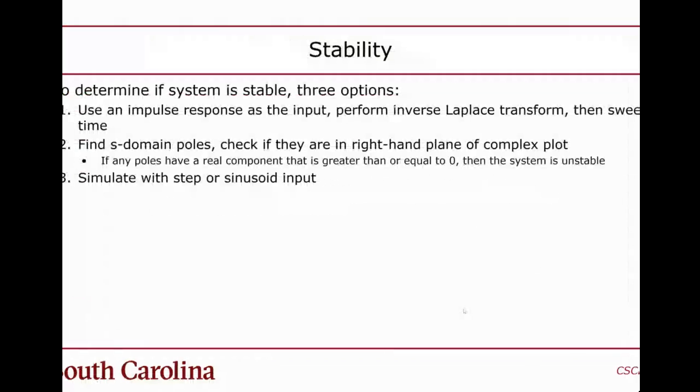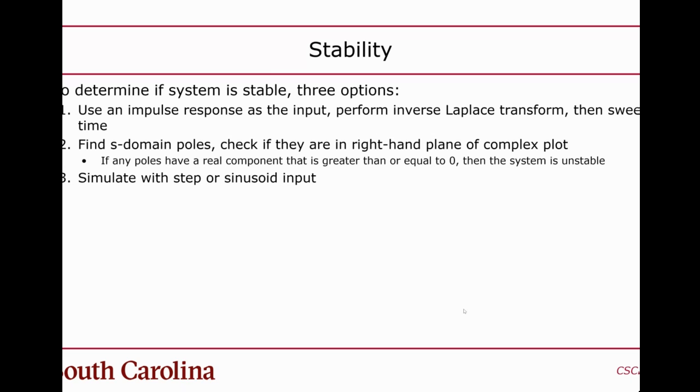Okay, so last time we covered stability. I mentioned that there are different ways that you can determine if a system is stable. A system can be a standalone system, a standalone component, or it can be a system comprised of multiple LTI systems linked together, as you would have in an open loop or a closed loop control system.